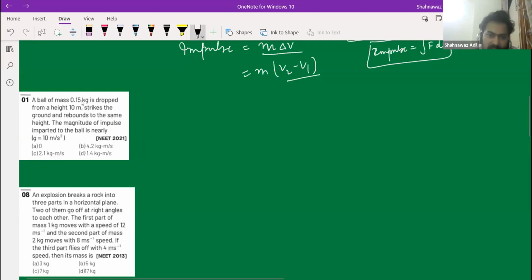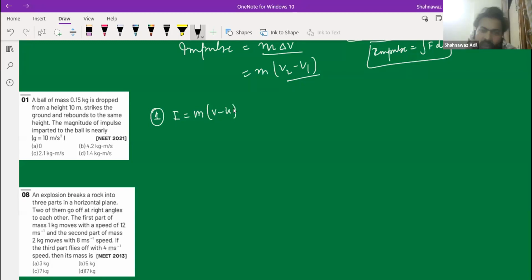A ball of mass 0.5 kg is dropped from a height, strikes the ground, and rebounds to the same height. The magnitude of impulse imparted to the ball is asked here. So we have to find the impulse, and this would be the change in momentum, mv minus mu.